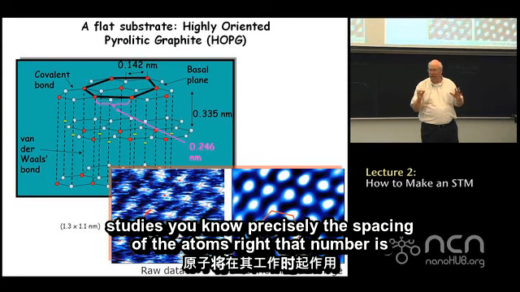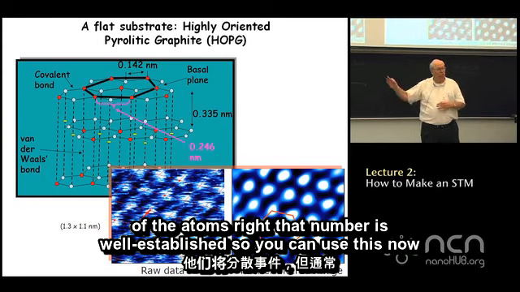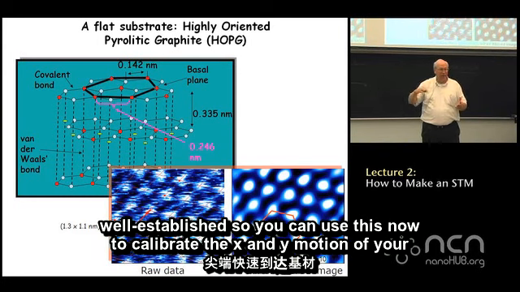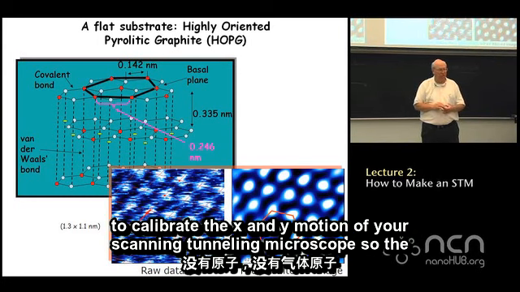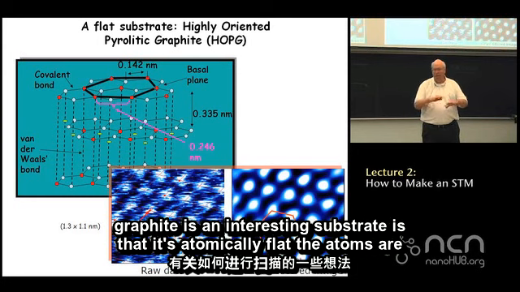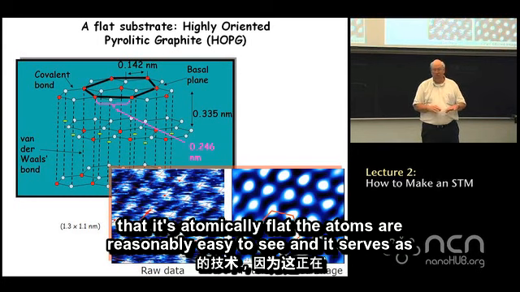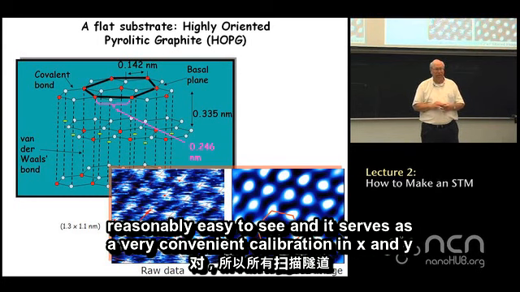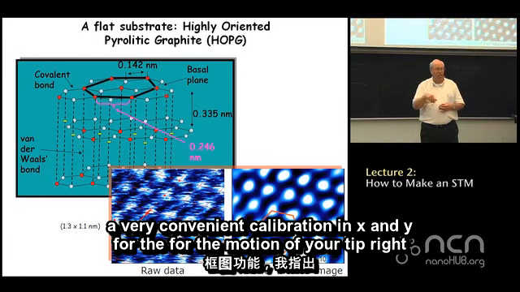That number is well established. So you can use this now to calibrate the X and Y motion of your scanning tunneling microscope. So the reason highly oriented pyrolytic graphite is an interesting substrate is that it's atomically flat, the atoms are reasonably easy to see, and it serves as a very convenient calibration in X and Y for the motion of your tip, right?